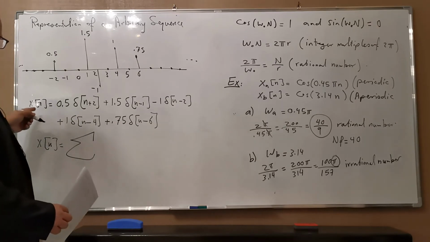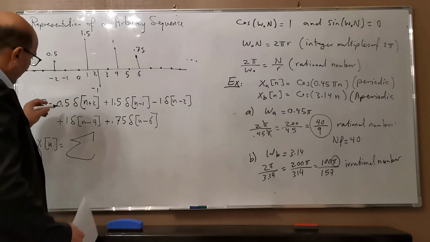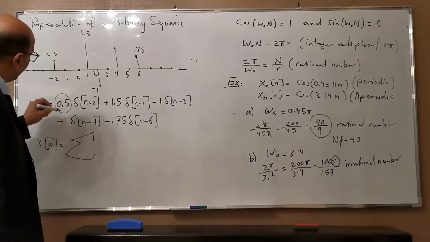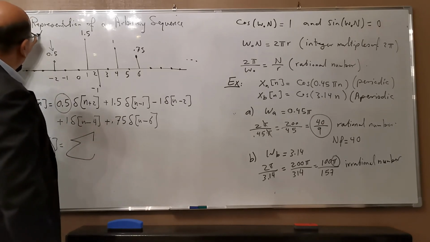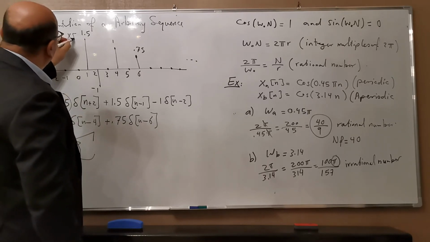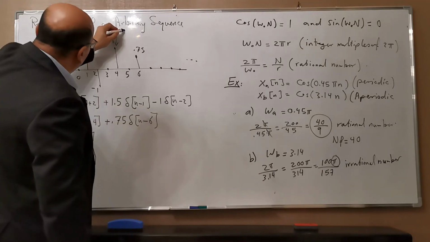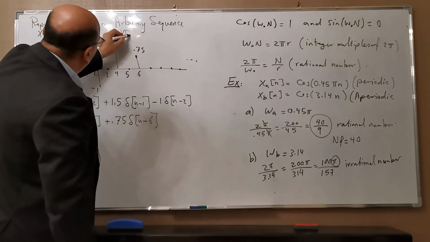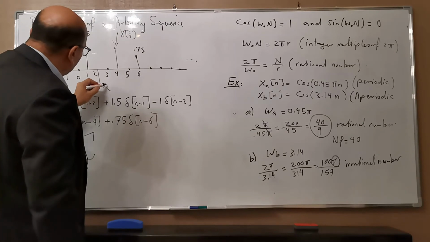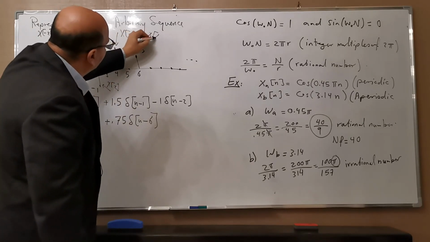Notice that this one here is x at minus 2, this one here is x at 1, x at 2, x at 4, and here x at 6.